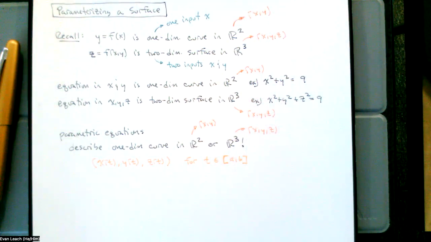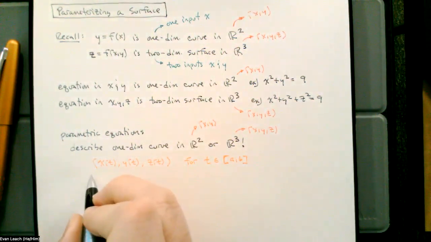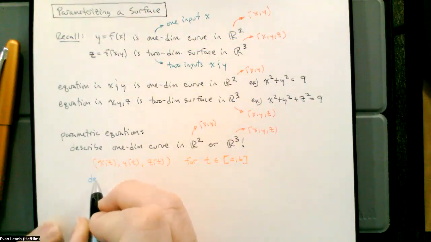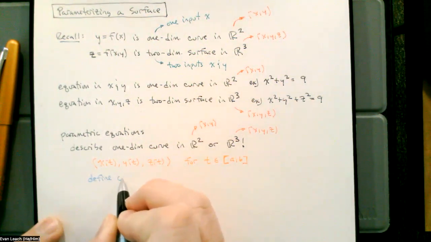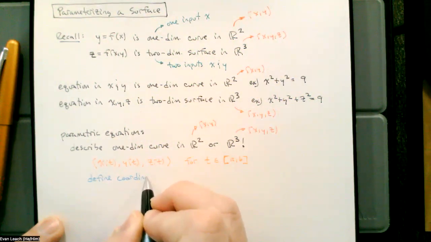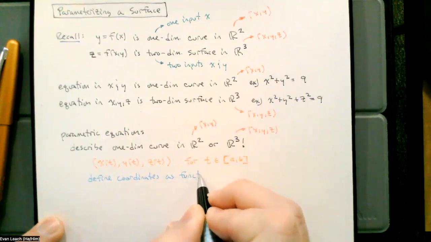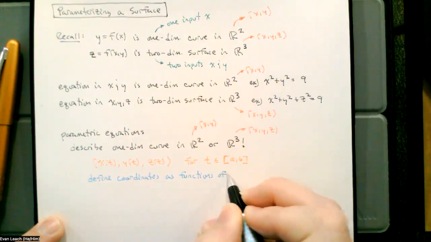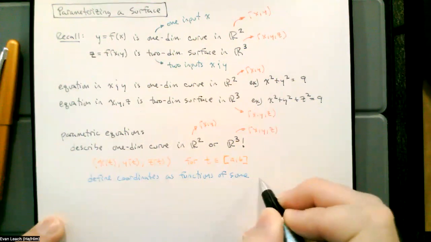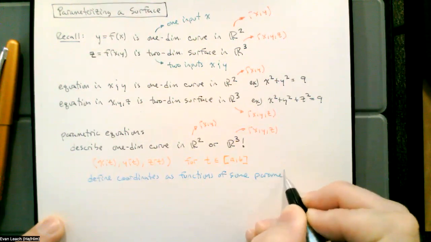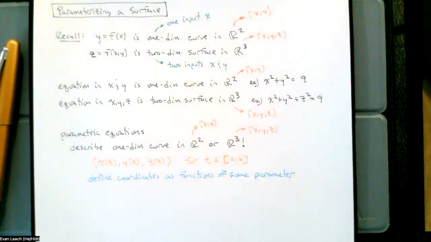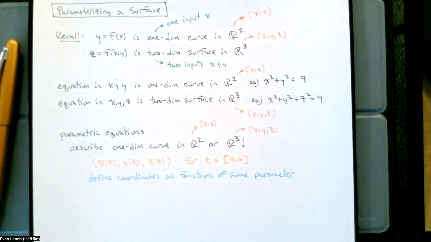So we define our coordinates as functions of a parameter, and that parameter is not one of our coordinates.